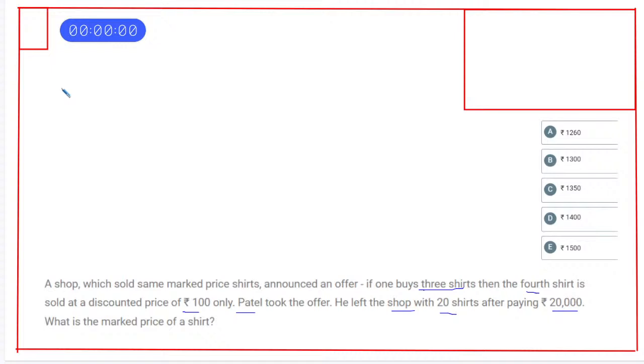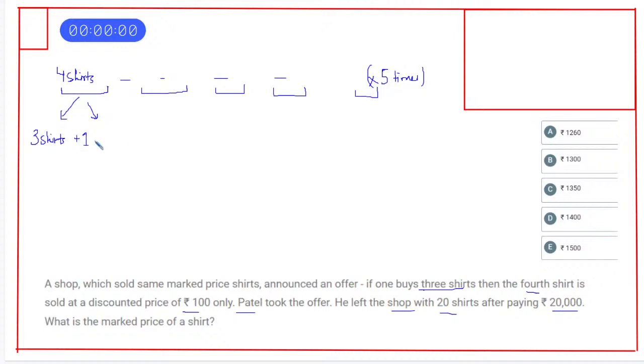He has purchased in groups of 4 shirts, and this is repeated 5 times. In those 4 shirts, 3 shirts are at the mark price and 1 shirt is of 100 rupees.